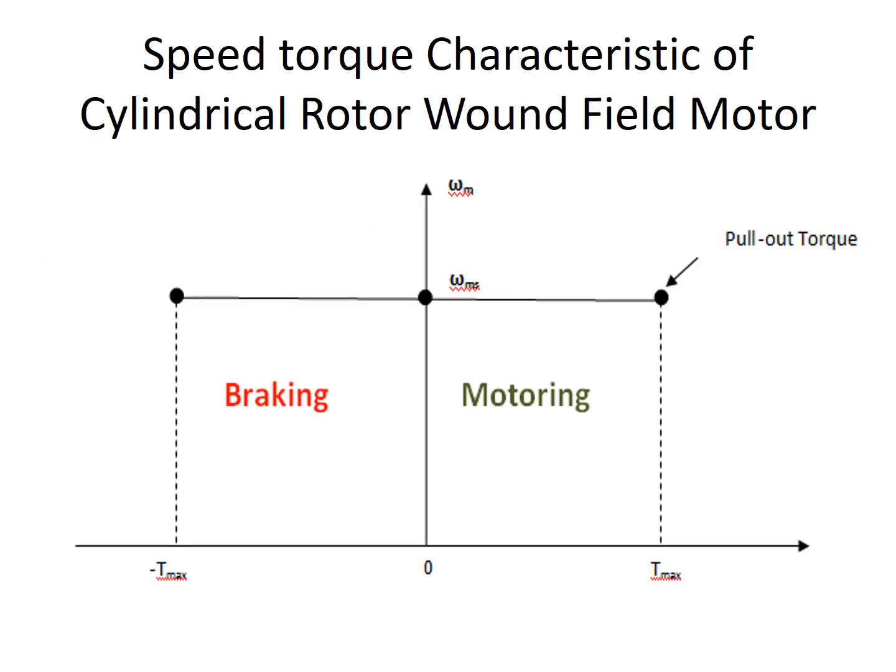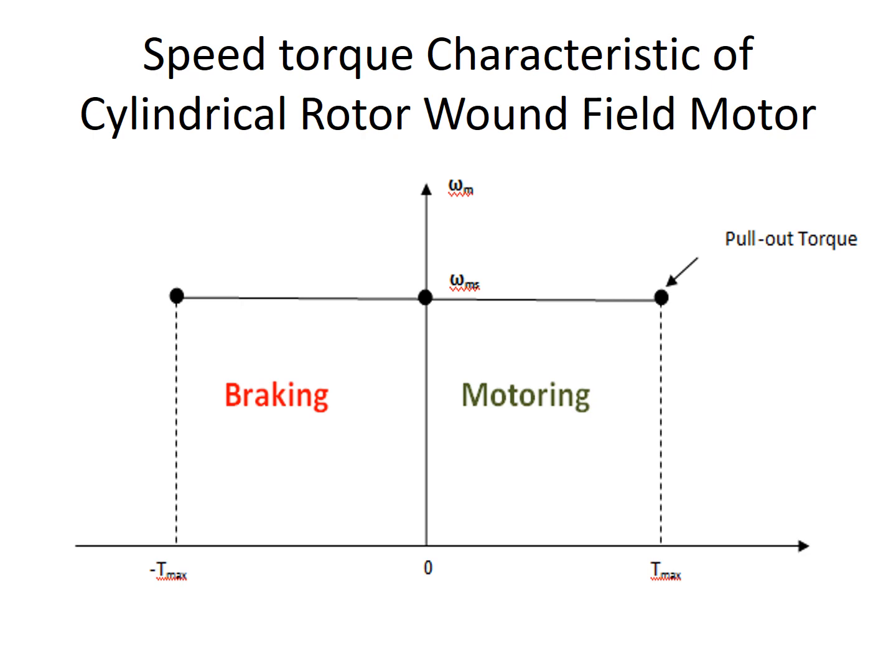Let us study the speed torque characteristics of cylindrical rotor wound field motor. The speed torque characteristic is same for salient pole motor also. Please note it. So the speed torque characteristics for both the motors are same. In the figure you can see that the speed is constant at omega ms, which is the synchronous speed, because synchronous motor rotates at a constant speed called synchronous speed, which is nothing but 4 pi f by p radian per second. Now it works in two modes, braking as well as motoring mode.